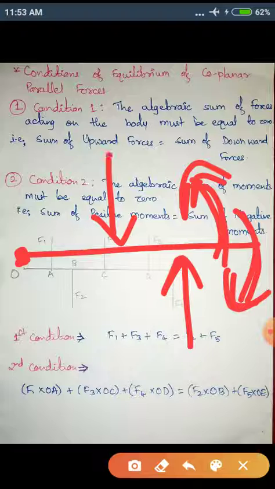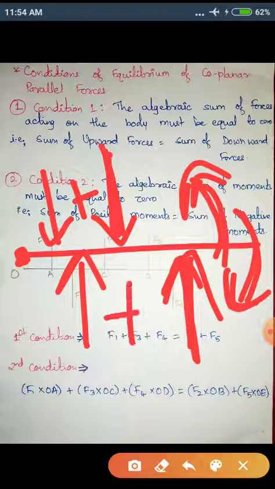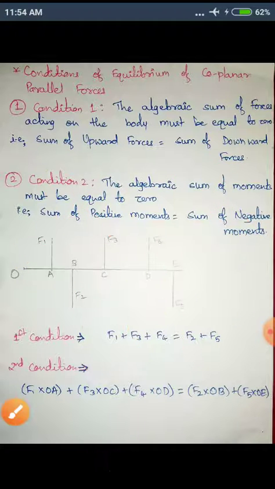So if I take this moment as positive moment and this moment as negative moment, then positive moment should be equal to negative moment. If there are many positive moments and many negative moments, the sum of positive moments should be equal to the sum of negative moments. So that is our second condition. The algebraic sum of moments must be equal to 0. That is, sum of positive moments is equal to sum of negative moments.